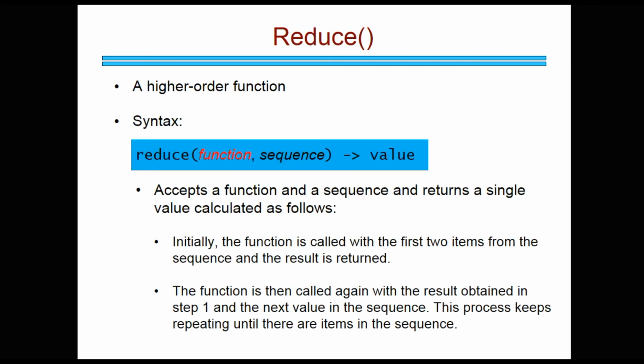We've seen how to use the higher order map function, which applies one function to all the elements of a list and gives us another list. We have another function named reduce, which does a similar job to map, but instead of giving us a list of elements, it returns only a single value.